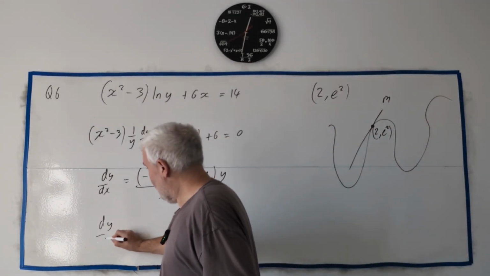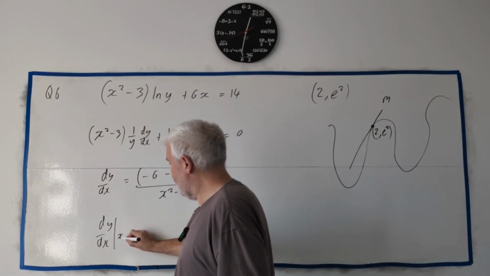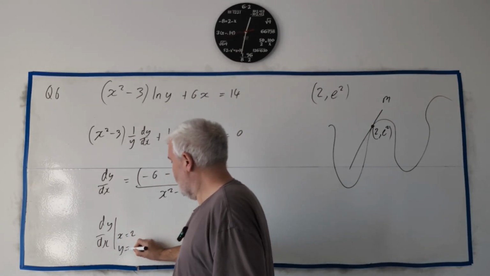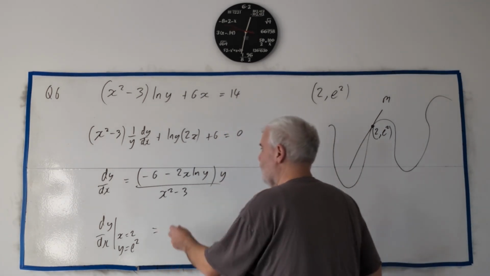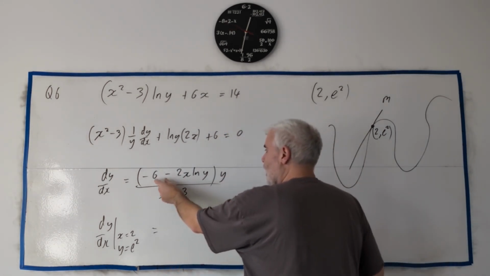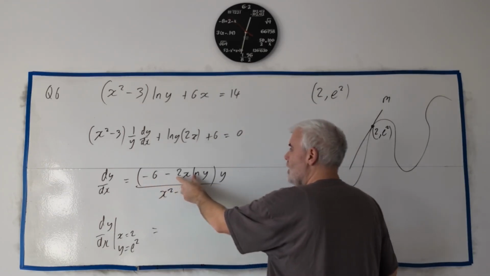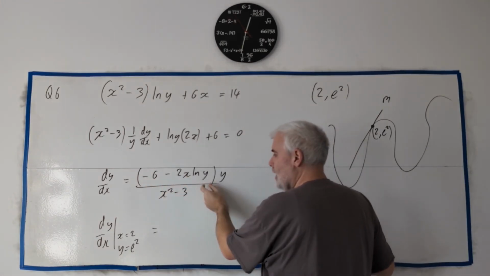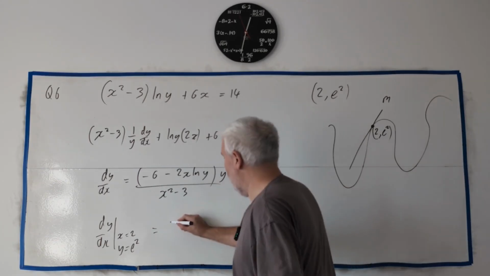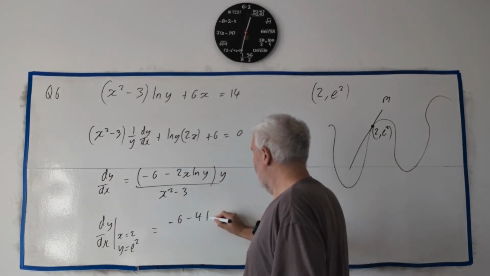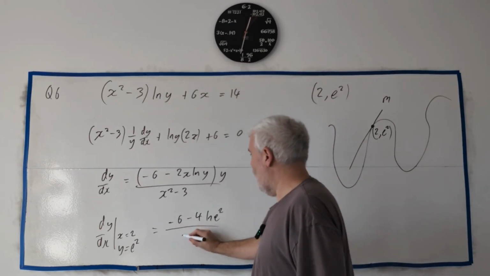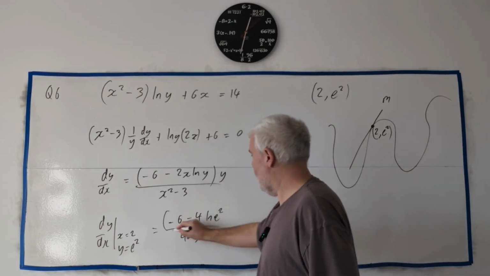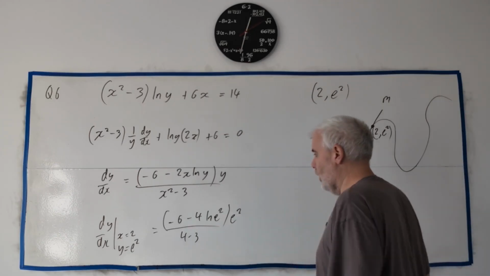Let me just show you. When we put in x is equal 2 and y is equal e squared, I'll get, let's see, minus 6 minus 4 natural log e squared. That'll cancel and leave it 2 over 4 minus 3 multiplied by e squared.